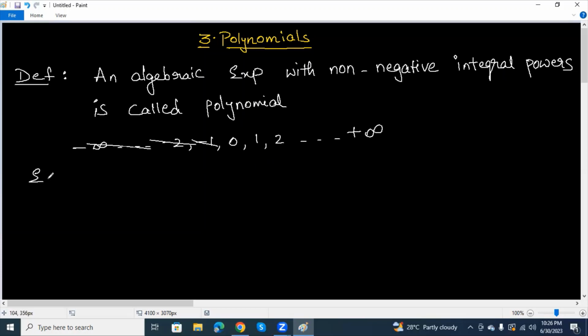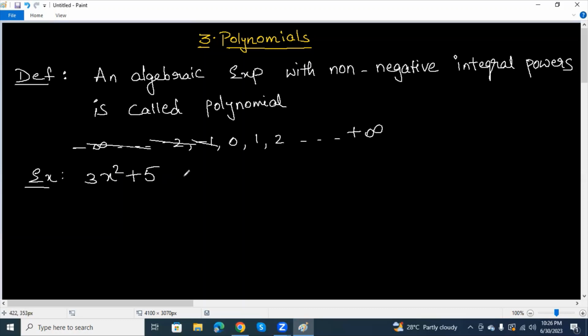Example: 3x square plus 5. So this contains a variable x, an unknown value, and having a power. Which power? Non-negative integral power. So this is one good example for a polynomial.